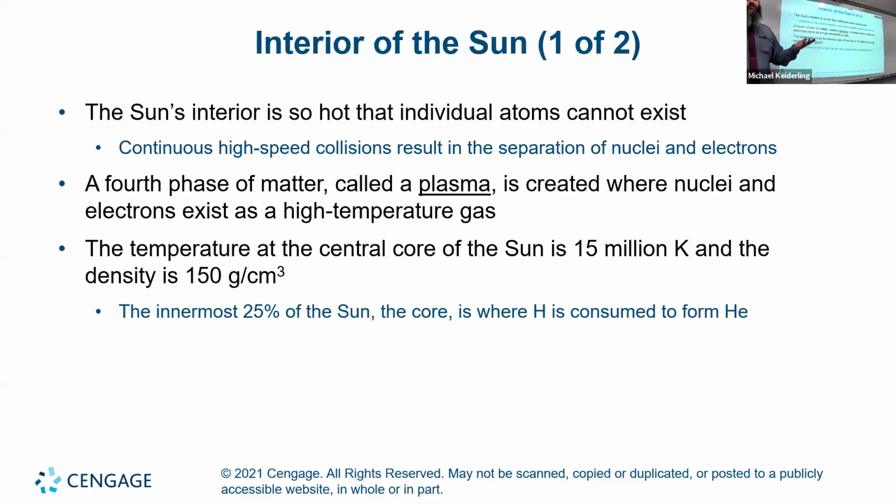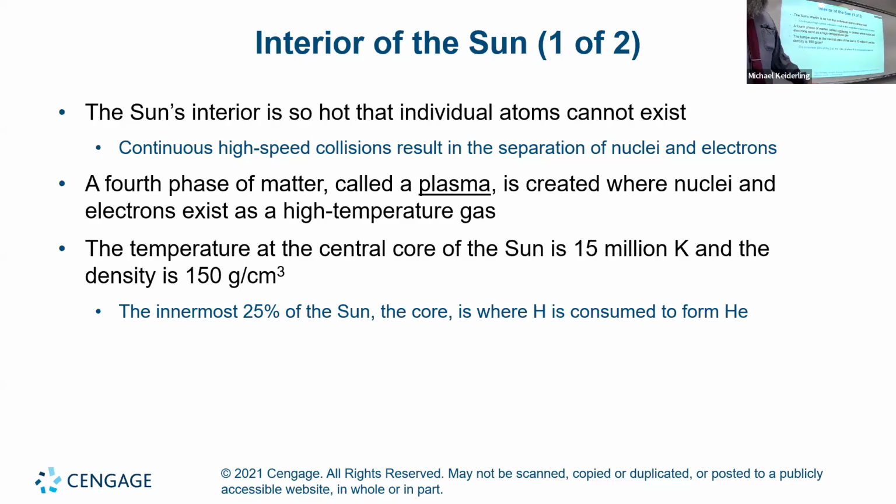The temperature at the central core of the sun is about 15 million Kelvin, and the density is 150 grams per cubic centimeter. The innermost 25% of the sun, the core, is where actual fusion occurs, where hydrogen is consumed to form helium.